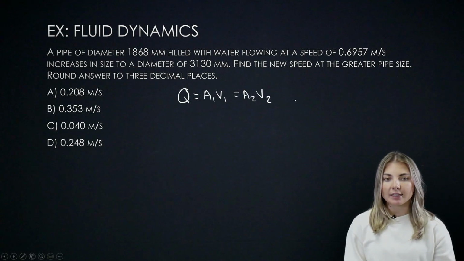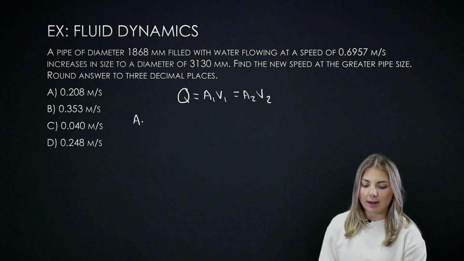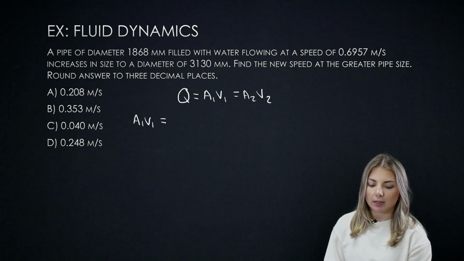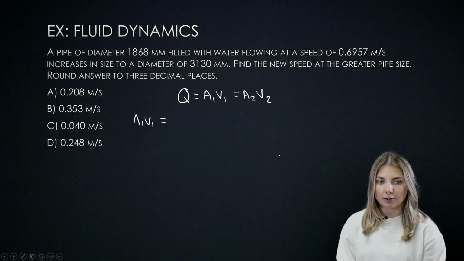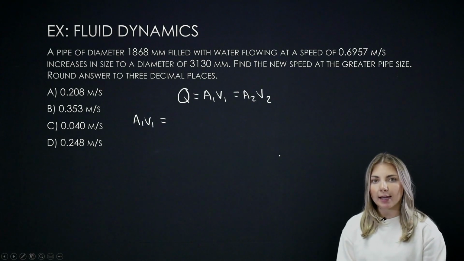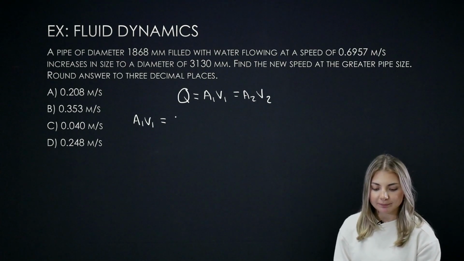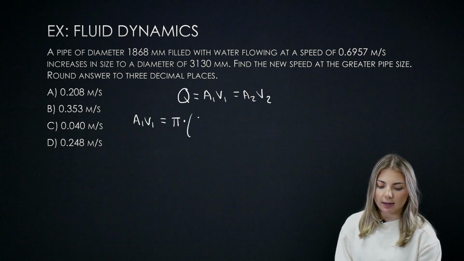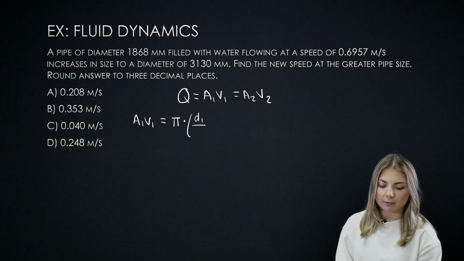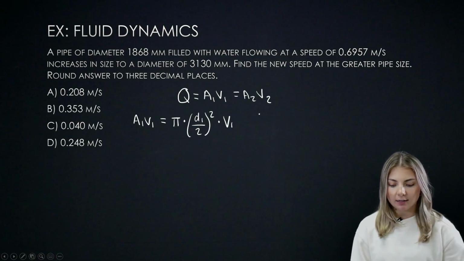So now I'm going to break down the different components of this formula. A1 V1 equals, we are given the diameter and the speed for this first section. We know that the area of a circle is pi r squared, so we can rewrite this as pi times the diameter of the first pipe divided by 2 squared times the first velocity or speed.